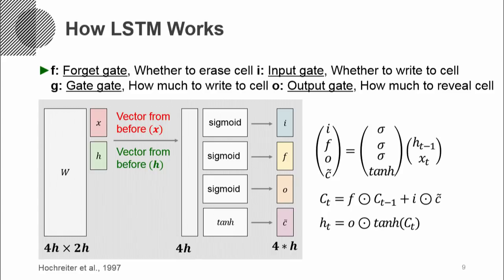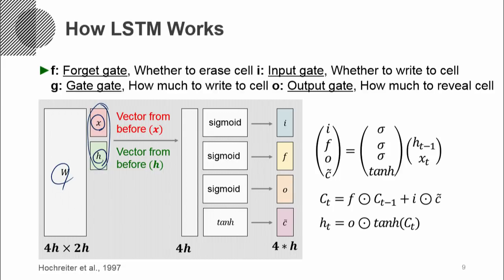And let me discuss how this LSTM works in detail. It takes the same input of the current time step's input vector and the previous time step's hidden state vector, and then these two vectors are transformed by some linear transformation.